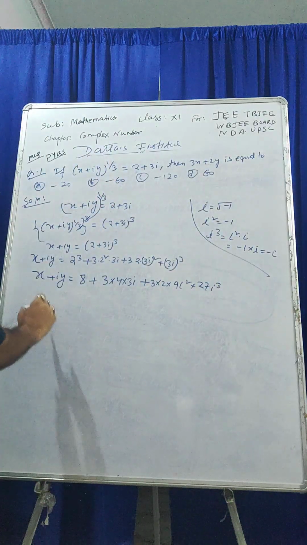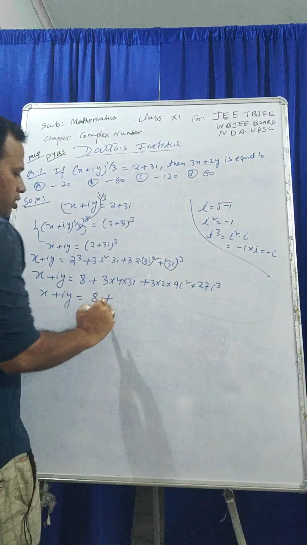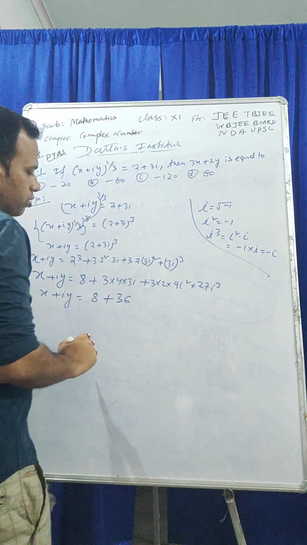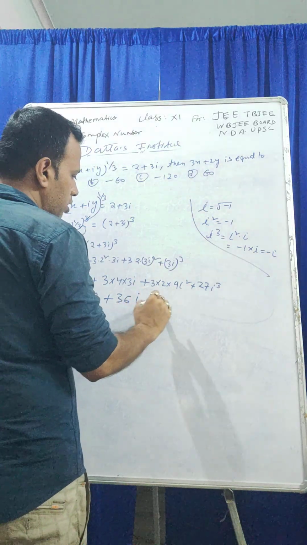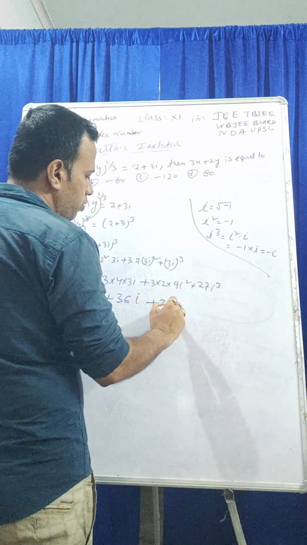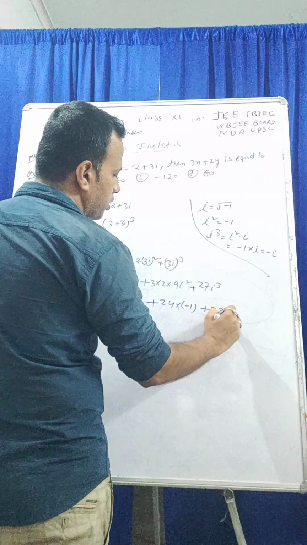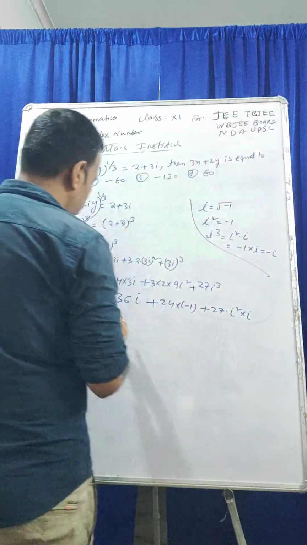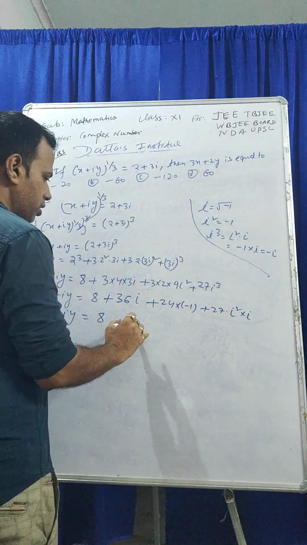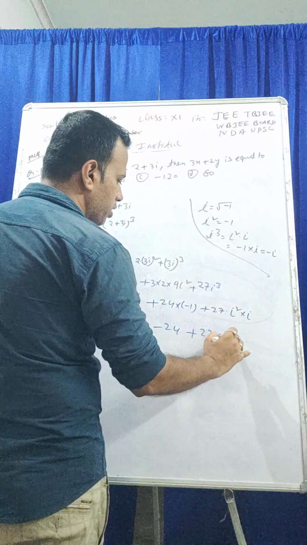Got my point? Okay. So x plus iy is equal to 8 plus 12 into 3, 36i, plus 6 into 4, 24 into minus 1, plus 27 into i square into i. So x plus iy is equal to 8 plus 36i minus 24, and 27 into minus 1 into i.